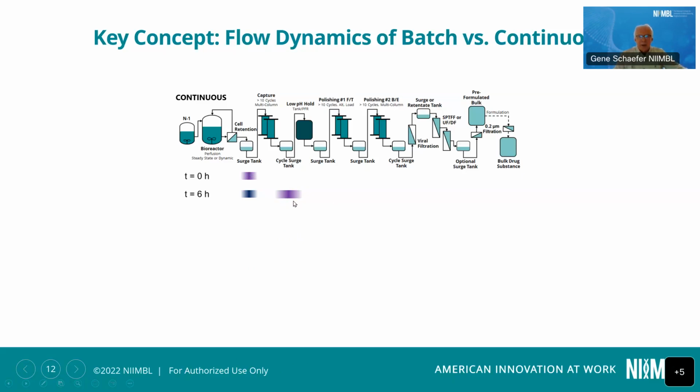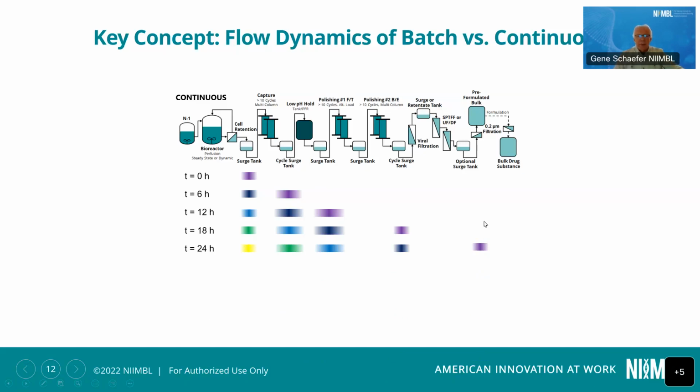And here, at 6 hours compared with 24 hours in batch, you already have material moving past the capture step. Another 6 hours, it's moving downstream into polishing chromatography steps. At 18 hours, you're getting ready to go through viral filtration. And at 24 hours, the time in a batch process, you're only past the capture step at best.